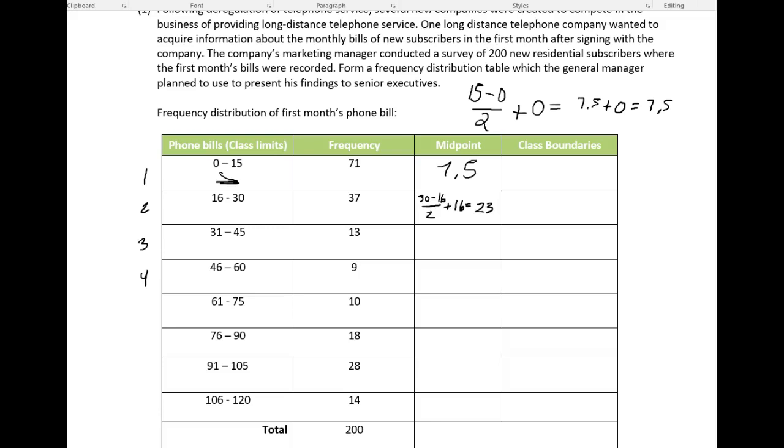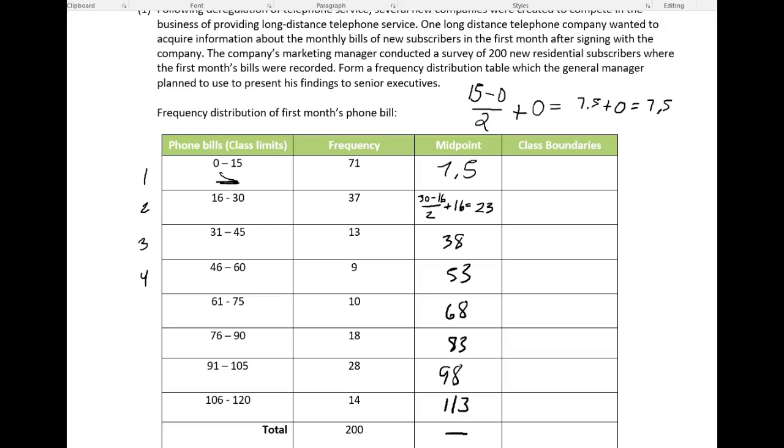So we go down this whole thing, and we can do this formula over and over again. And these are the numbers that we get. So I'll invite you to go ahead and actually work out those formulas and just make sure that you are getting these numbers. Again, these midpoints are going to be the midpoints in the classes.